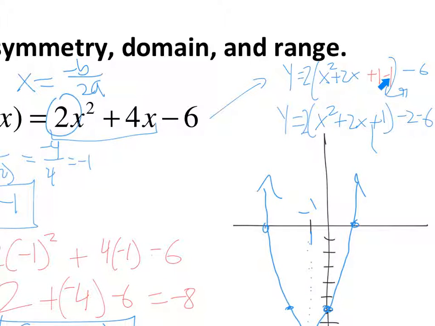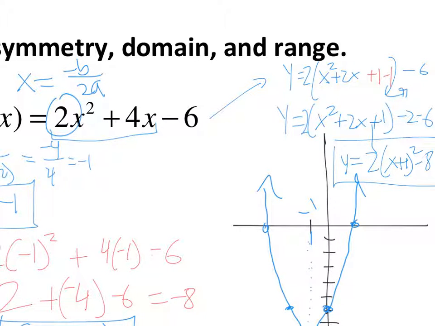Positive 2 times -1 gives us -2. Well, that wasn't hard at all. But we're almost done. We just got to factor this parentheses. So we have y equals 2, the parentheses become x plus 1 squared minus 8.